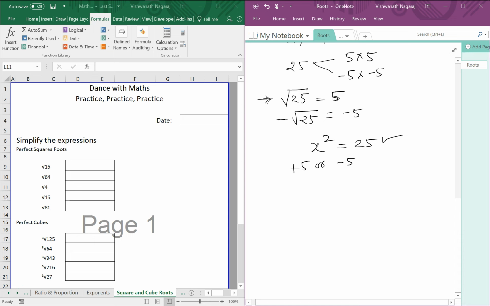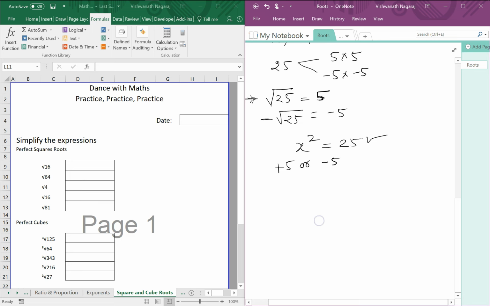Now here we were talking of multiplying the same number twice to get the square, or finding a number which when squared gives you the number. Same way we can look at a number which when cubed, that means when it is raised to the power of 3, gives you a number. Say for example 8, right?